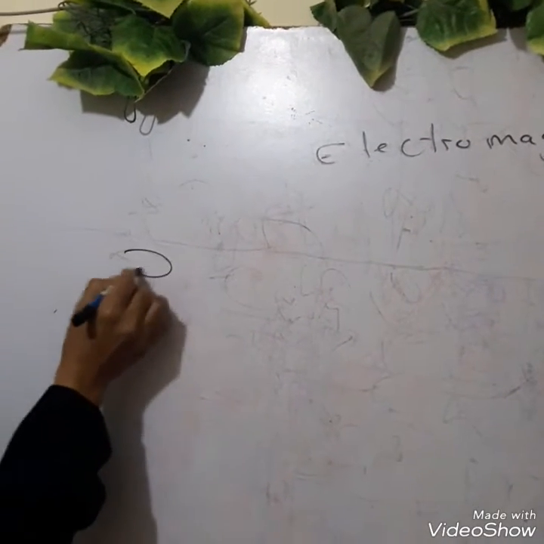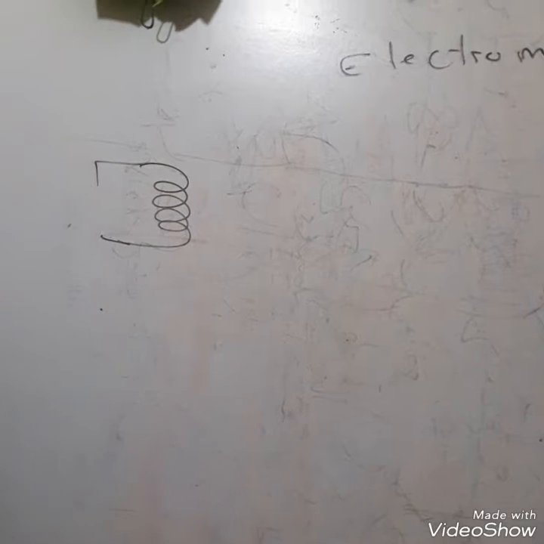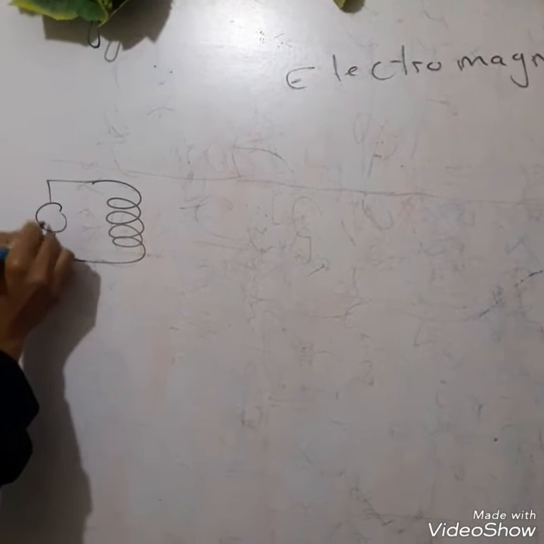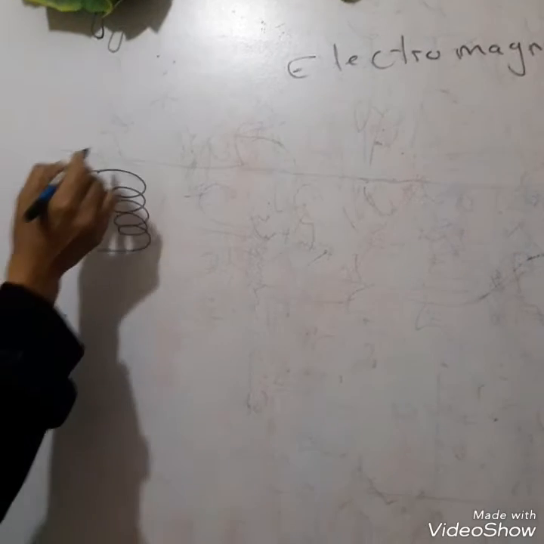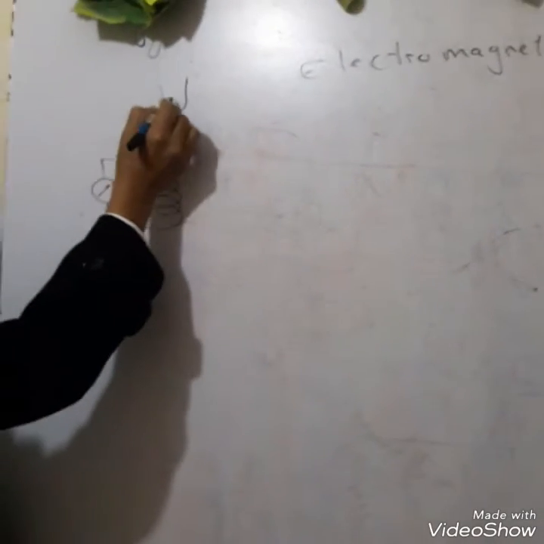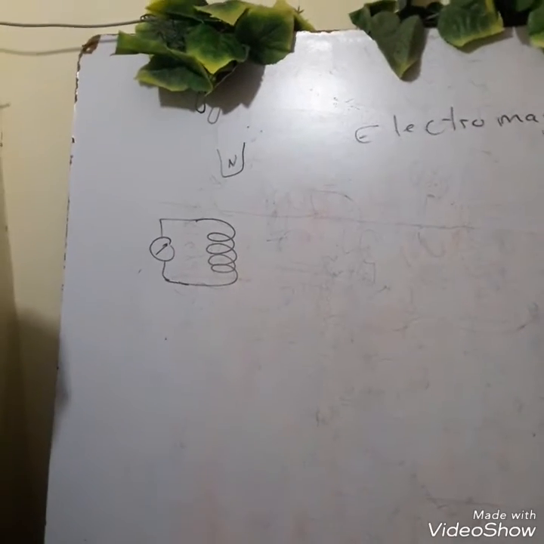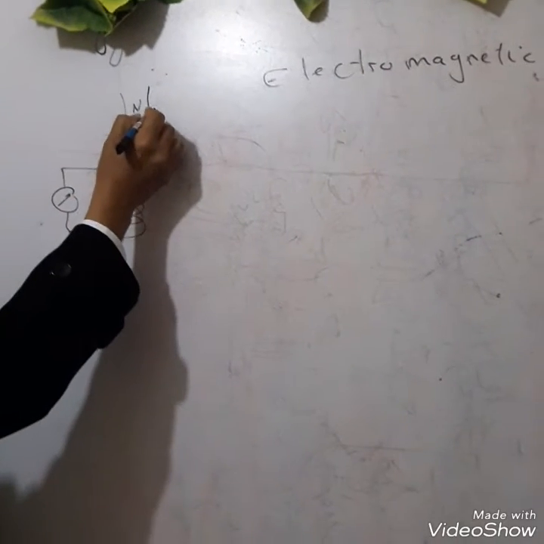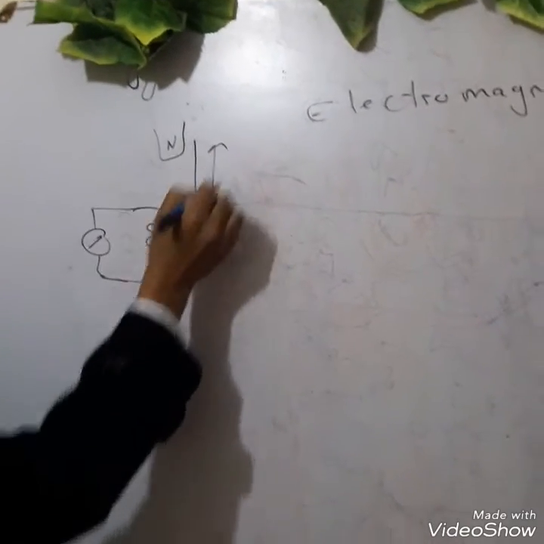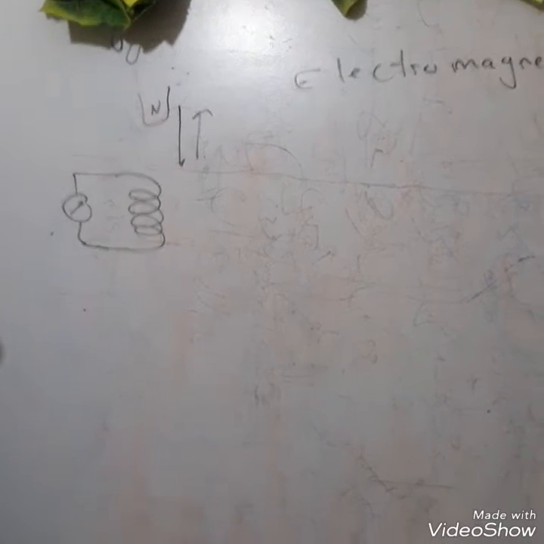If you have a coil and you connect a galvanometer between its two terminals, and plunge a magnet, north pole or south pole, close or away, an electric current is generated inside the coil.